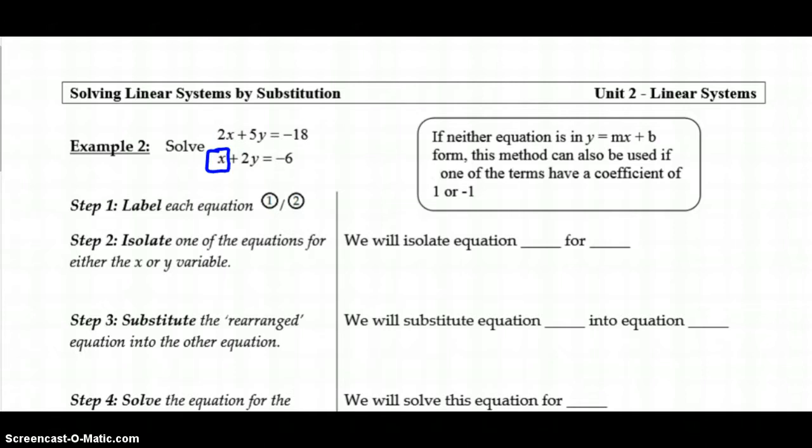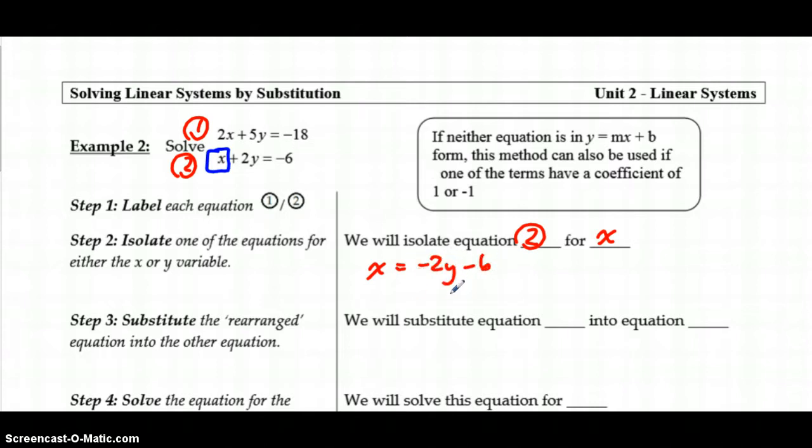So again, to start off, we're going to label the equation, number 1 and number 2. I need to isolate one of the equations for either the x or y variable. So I'm going to take equation number 2, and I'm going to isolate equation 2 for x, get the x by itself. So to do that, I have to get this 2y term over to the other side. Subtracting it over, I get negative 2y minus 6.